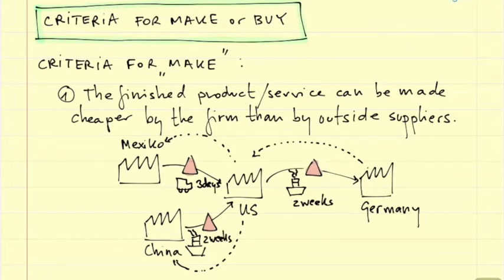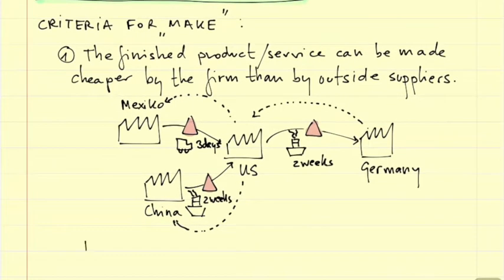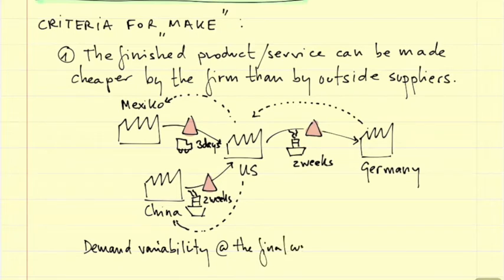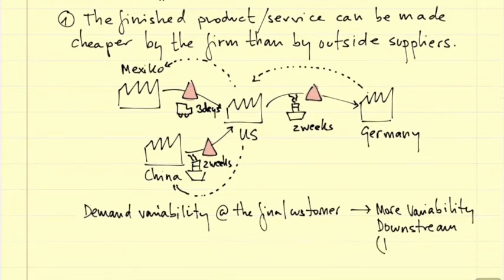So demand variability at the final customer will derive automatically in more variability downstream. We know this as a bullwhip effect.